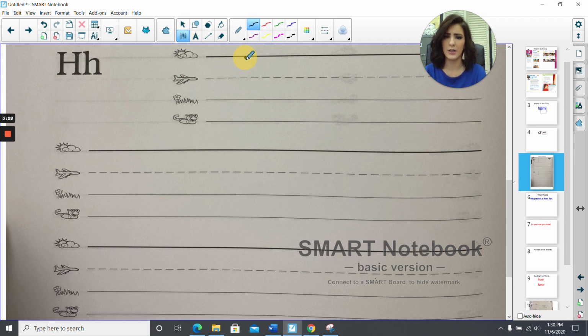We're going to do H, lowercase, sky to grass. Then we're going to do A, and we're going to do M. And don't forget to box in your glued sound, A-M. Okay, go ahead and add your box.